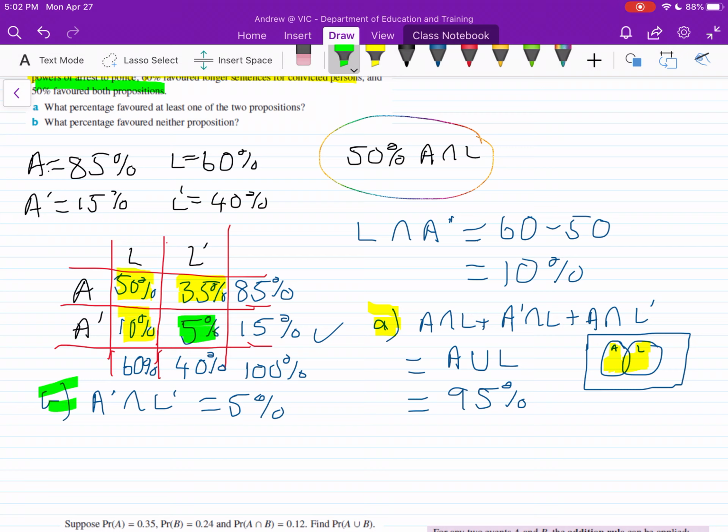Just remember, this can also be worked out if you do 1 minus the union of A and L. That's another way you could work it out. So make sure you are aware of those relationships, especially this one here and how all of these added up is equal to that, and feel confident with rearranging and making these Karnaugh maps. Alright?